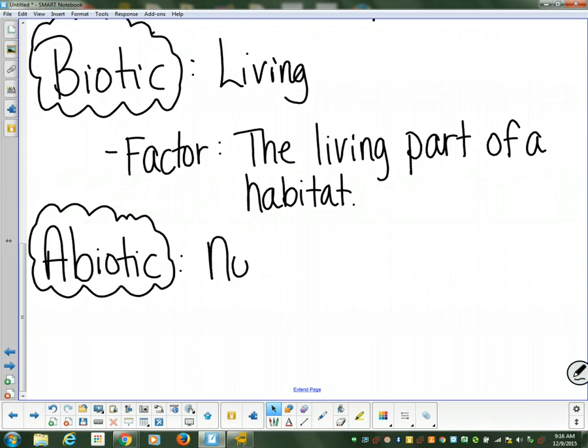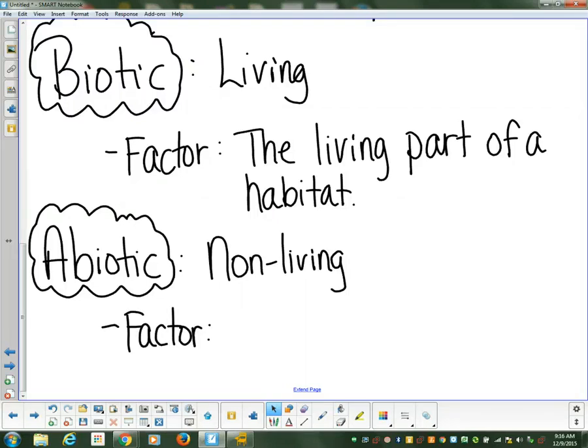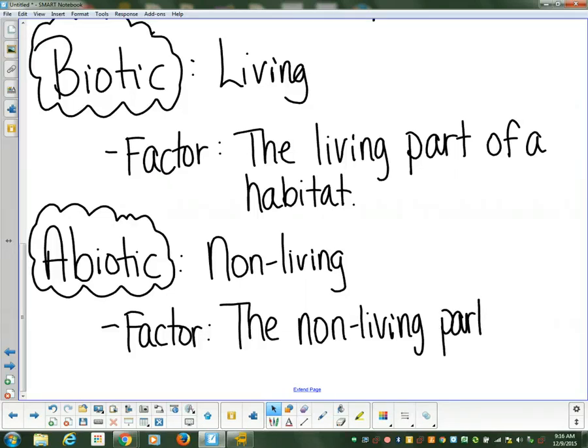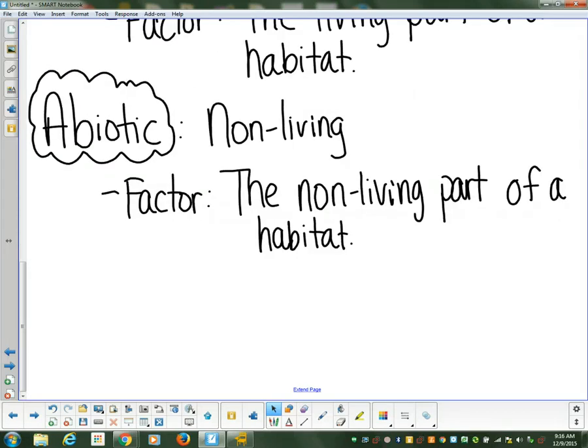Abiotic is non-living. If we tag the word factor on, abiotic factor means the non-living part of a habitat. Okay, so abiotic means the non-living parts.